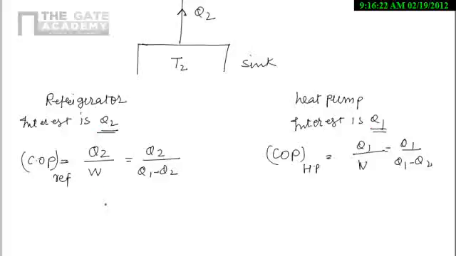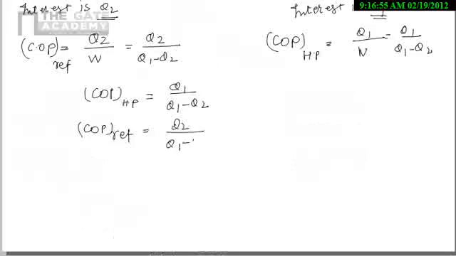Now we will find the relationship between COP of heat pump and COP of refrigerator. COP of heat pump equals Q1 upon Q1 minus Q2, and COP of refrigerator is Q2 upon Q1 minus Q2.